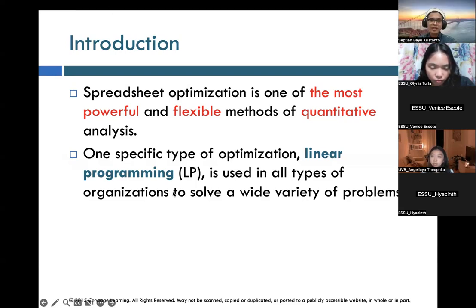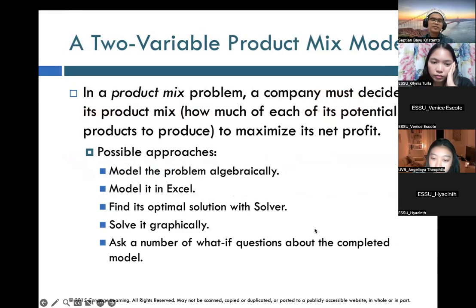For linear programming, we learned in the last sessions about the relationship in linear regression. Linear regression combines two kinds of variables: a dependent or target variable and an independent or factor variable.